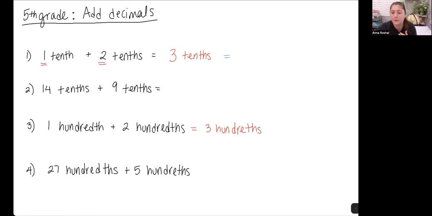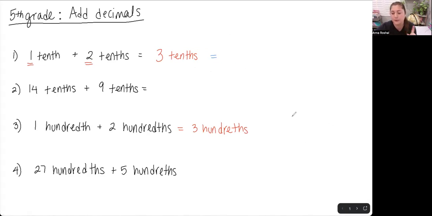Before we do that equal sign, we want to make sure that we cover place value. If I were to write a number, I'm going to do this sideways on my little board.